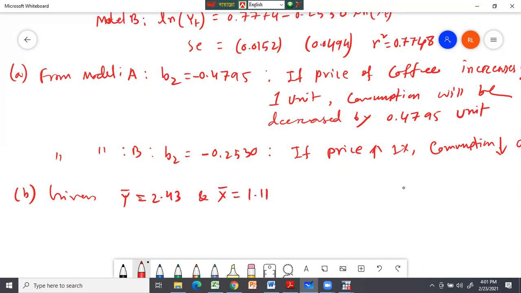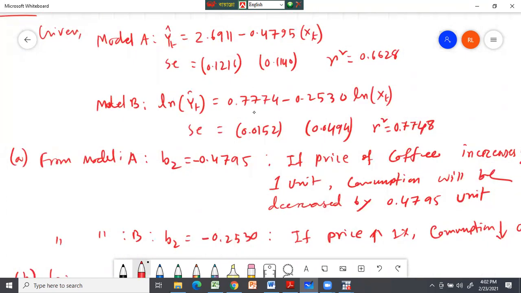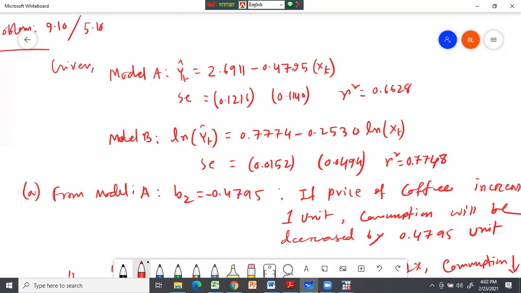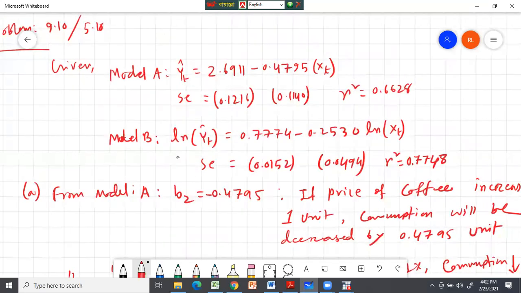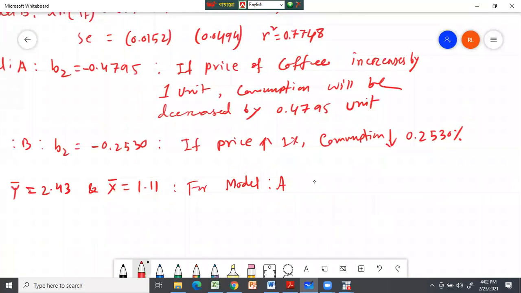At these mean values, estimate the price elasticity for model A. We know that model A is a simple linear regression model, where there is no log form. You have been asked to measure the elasticity for model A, which will be calculated based on the average values of Y and X. So we will consider it the average elasticity of model A.